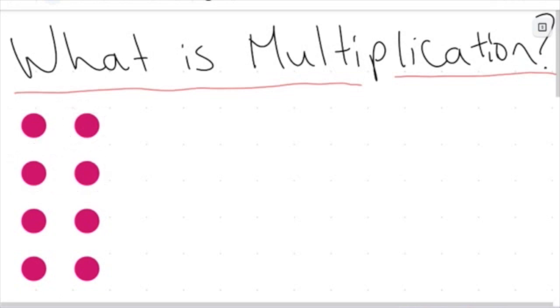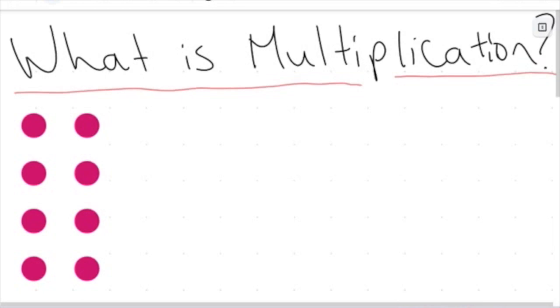Now, multiplication has very deep ties to addition, and it has to do with how these numbers are grouped. And we're going to more properly define this in a second. But if I, for example, wanted to add these 8 altogether, it's kind of time consuming to go 1, 2, 3, 4.